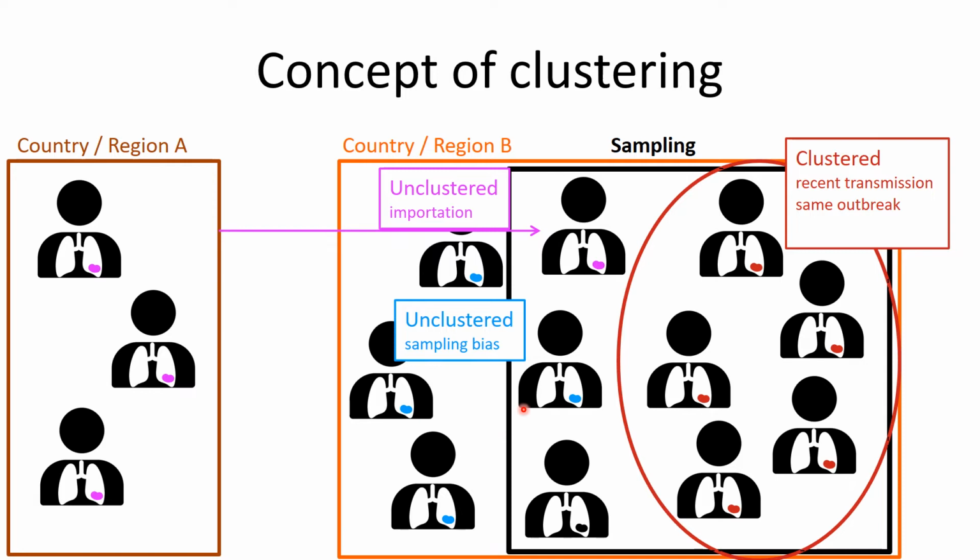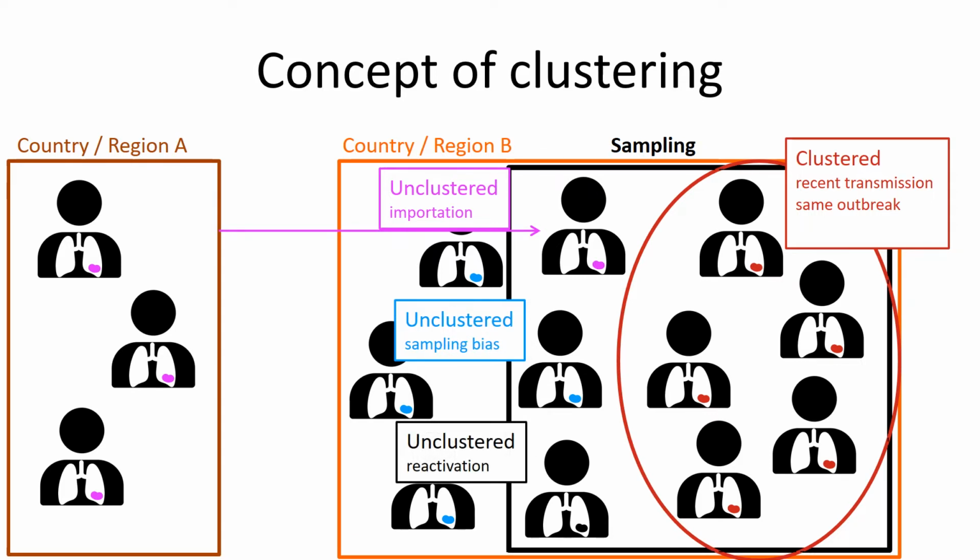In fact, it does not even have to do with whether there is recent transmission or not. Actually, there is recent transmission, but the problem is we did not sample these other patients that would be in cluster with this patient. So always bear in mind that the sampling of your population is very important, and if you have lower sampling, your clustering analysis can be highly affected by this bias.